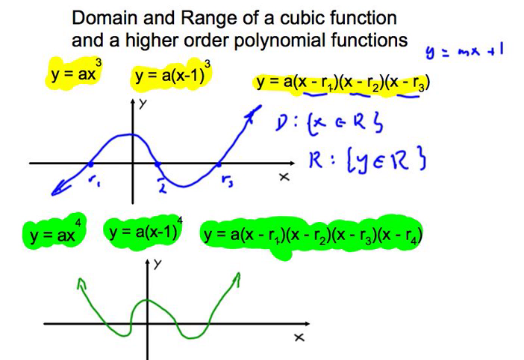A positive number to exponent 4 will result in a positive value. A negative number to exponent 4 will also give you a positive reading. So let's say negative 2 to the power of 4 will give you 16. Positive 2 to the power of 4 will also give you 16.